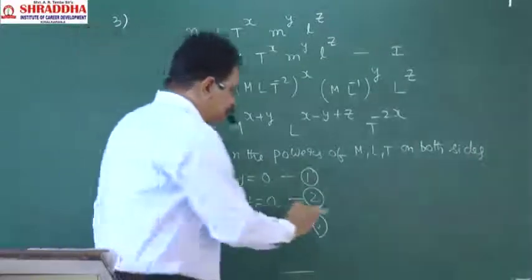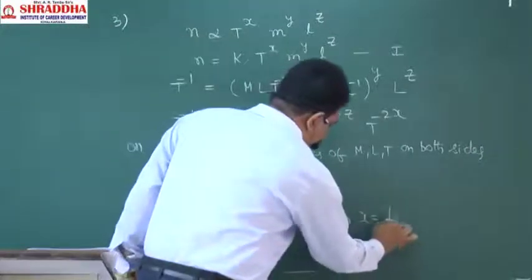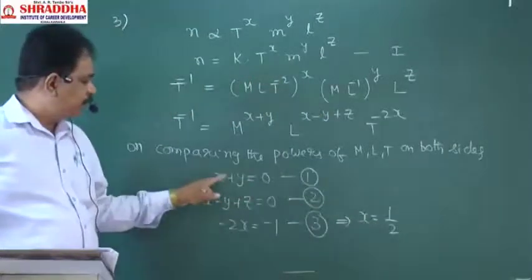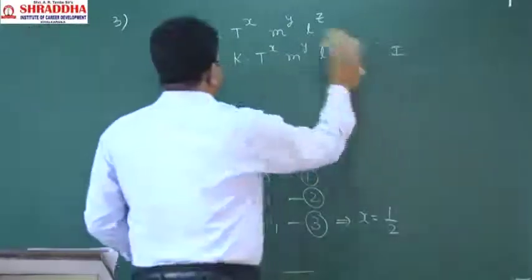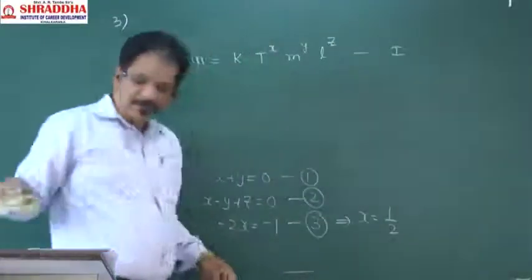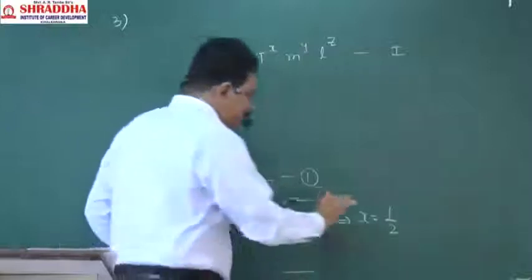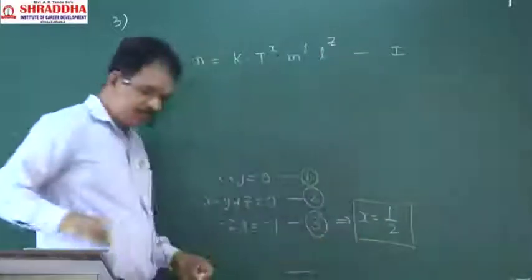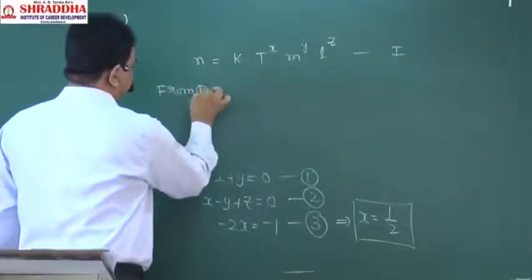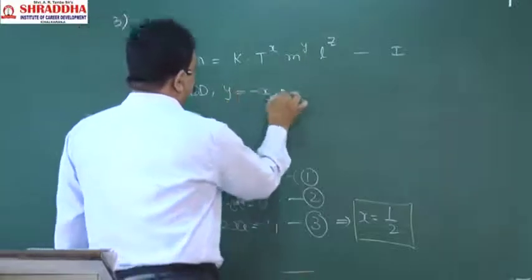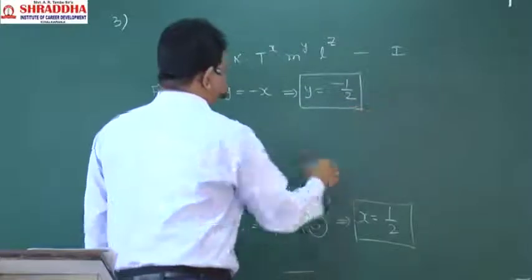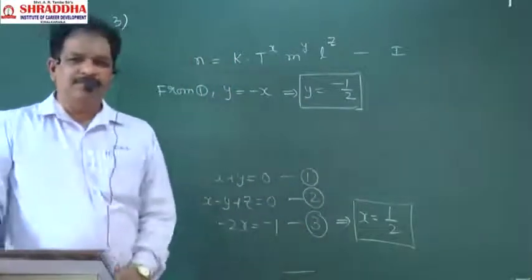From this, the X value will be equal to 1 by 2. Substitute this X value in the first equation and you will get the Y value. Keep this for final substitution. X, how much we got? 1 by 2. From equation 1, Y is equal to minus X, so Y is equal to minus 1 by 2.